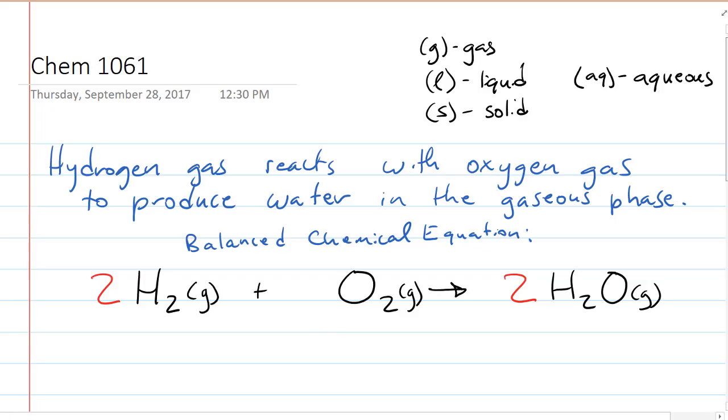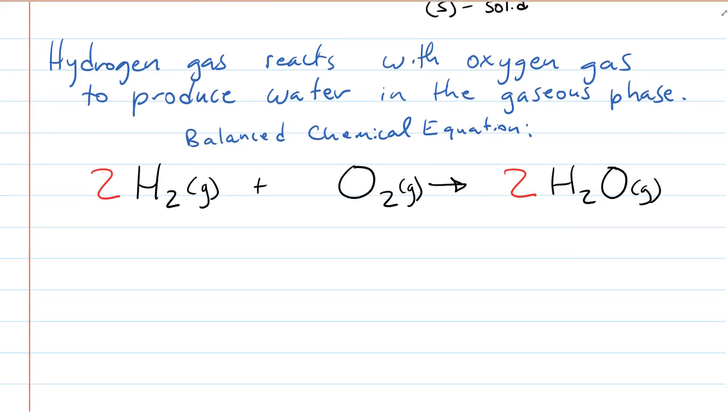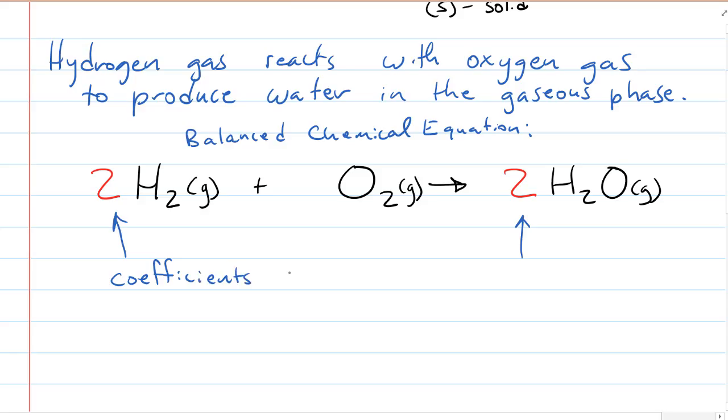Now, some terminology. These numbers that I'm showing out front here, anybody know what these are called? These are called coefficients. Exactly, these are called coefficients. Now, where else have you heard of coefficients before? In math, right? In algebra.